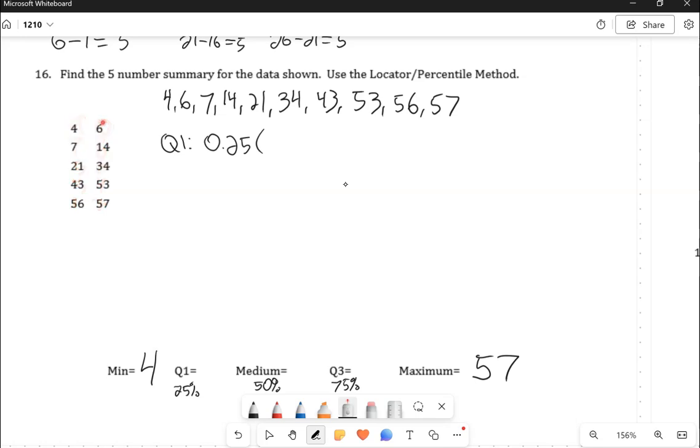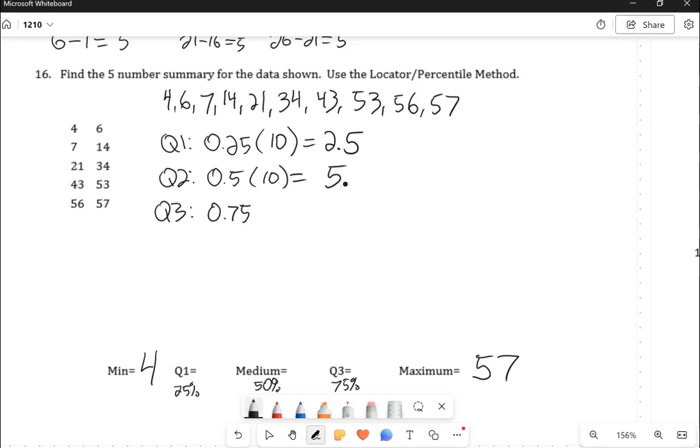There are 10 total values in this data set. So let me just do all these. Q2, which is the median, 0.5 times 10 gives us 5. Q3, 0.75 times 10 gives us 7.5.